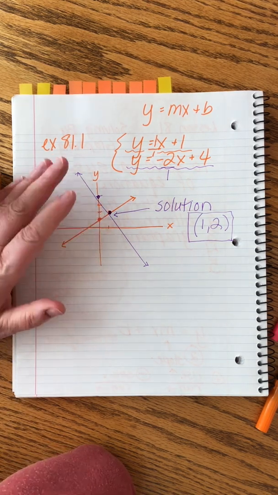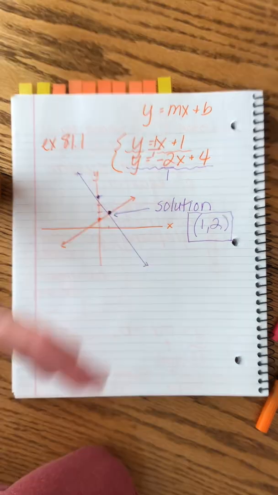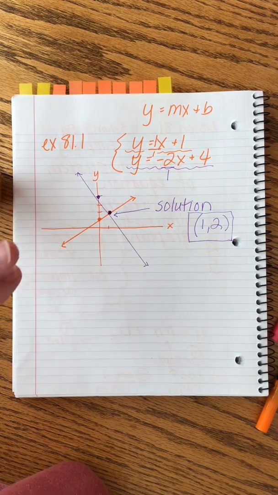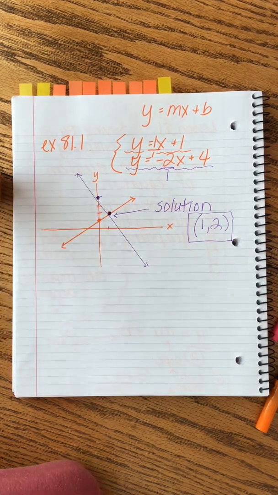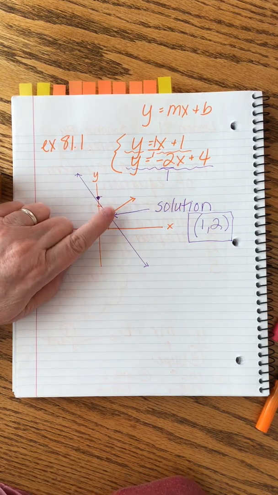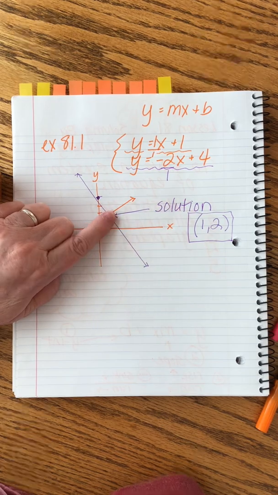It was certainly easy because all we had to do was graph the lines. We didn't have to learn some new technique, right? Like substitution and elimination. You have to learn new techniques of algebra to make it happen. We already know how to graph a line, so we just graphed 2 lines and looked at the place where they crossed over. It was easy. It's super visual. We can see it. And in this case, it gave us a precise answer, but in another case, it might not be so handy.